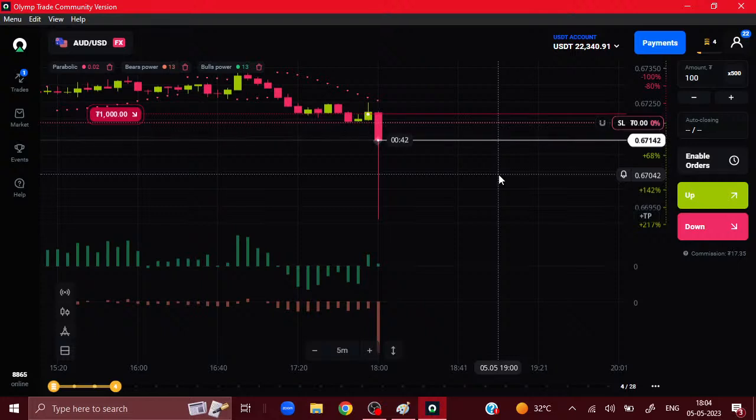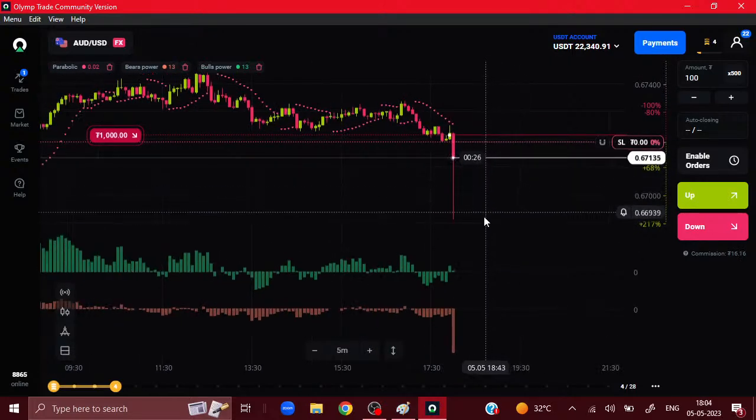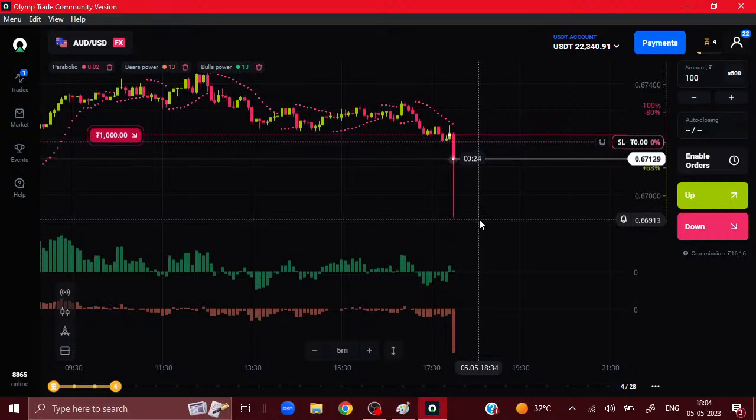Again, I repeat, I have shifted my stop loss here to 0 to avoid both the trades going into loss. So if you are more of a conservative trader, then you should shift your stop loss to 0. If you are willing to take the risk, then you can just go on with the trade and not shift the stop loss.